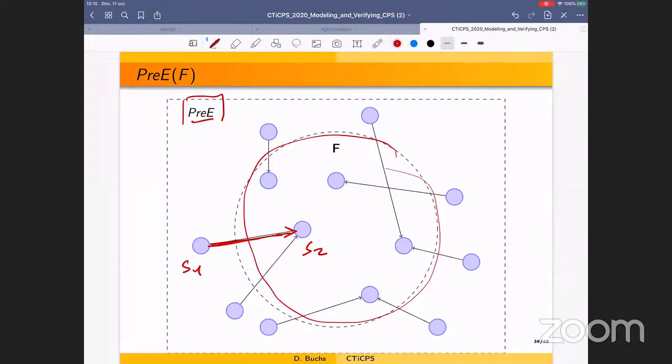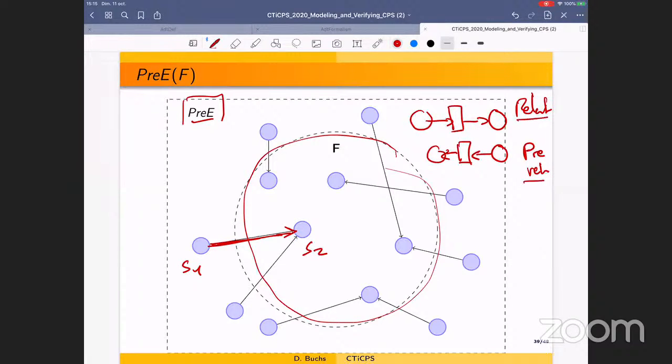Another way would be, for Petri nets, to understand that if I have a Petri net, the pre is just the reverse of the arcs. So this is the pre-relation. This is the relation.